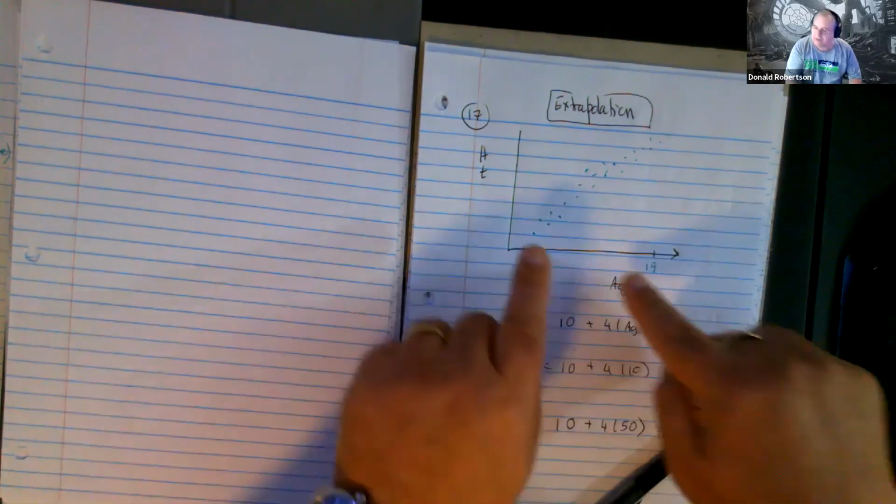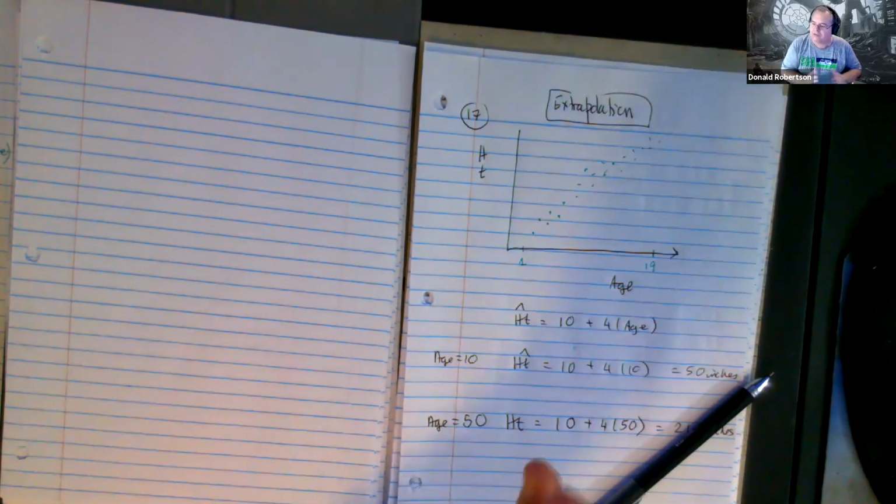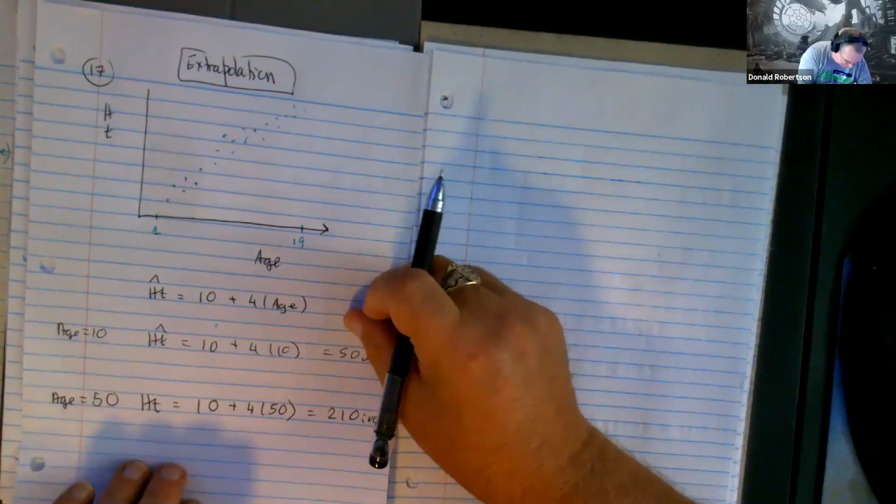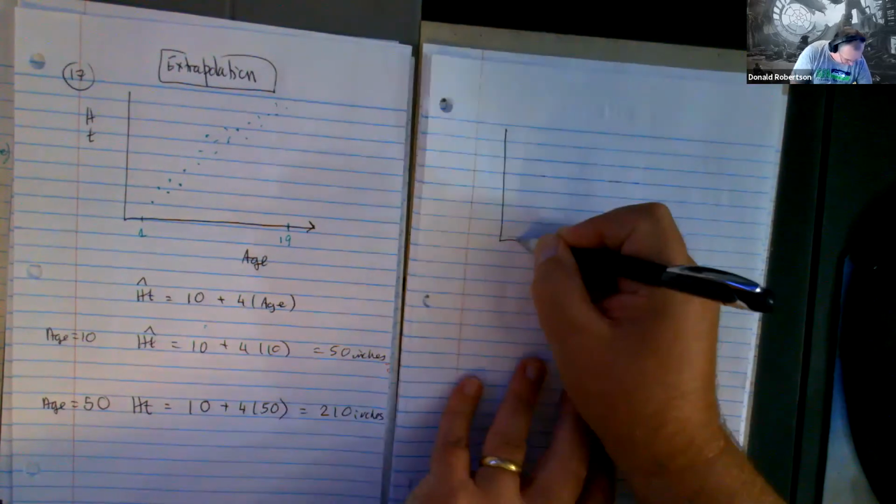Extrapolation just means using this model, but using it for values, in this case of age, that you never collected data for. Didn't this data basically cover 1 to 19-year-olds? Can you imagine what that data would have looked like if I had decided to collect a bigger database?